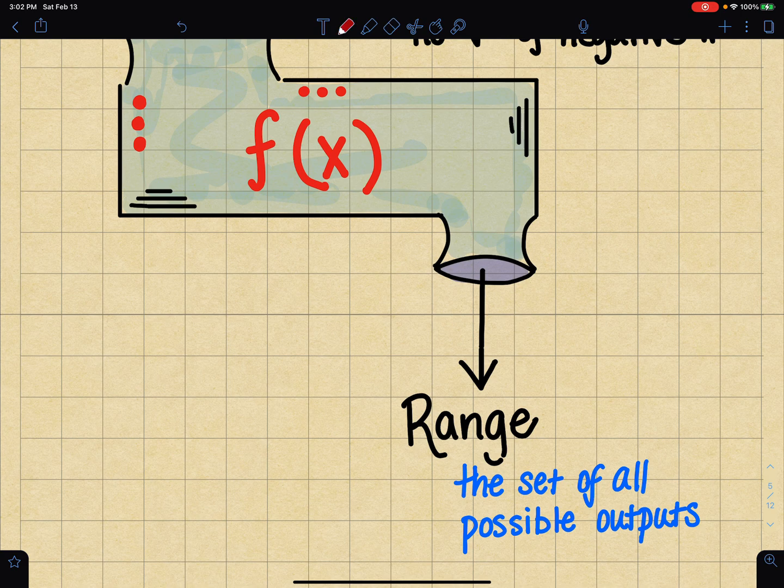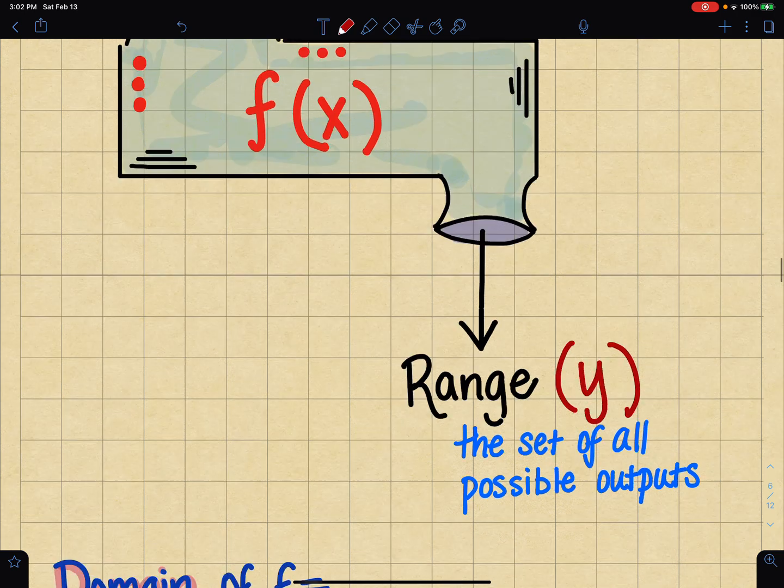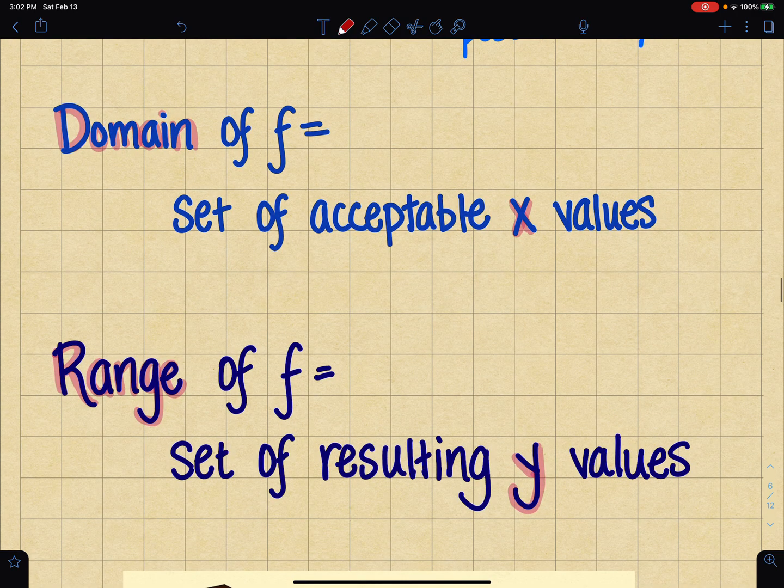Okay? But the range is the set of all possible outputs. And I think of this as, what am I going to get for y? If I put in an x, what am I going to get for y? So the range is sort of the y. The domain of f is the set of acceptable x values. So it could be anything, square roots.